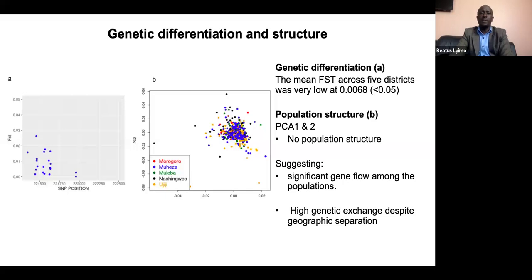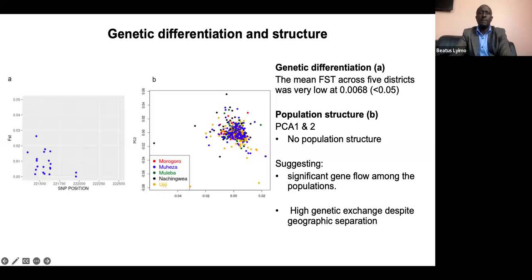We also measured the genetic differentiation and structure. As I mentioned, we used the FST to measure the genetic differentiation across the 5 regions, and the result was 0.068, which is less than 0.05, indicating that there is not much variation between the 5 regions. This was further supported by the PCA, which shows that there is no population structure.